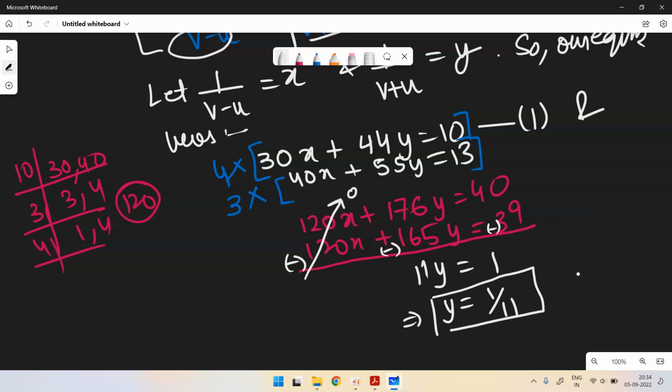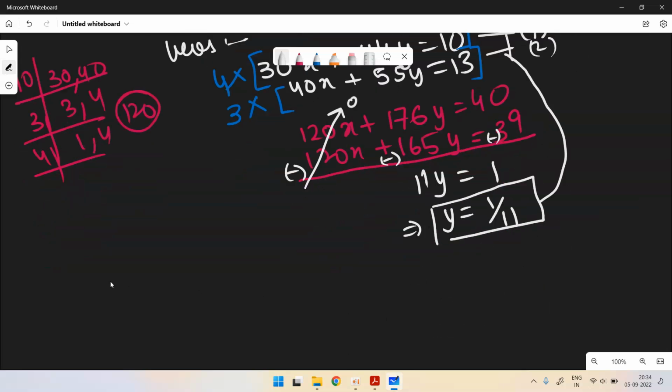If you substitute y equal to 1 by 11 in equation number 1, we get 30x plus 44 into 1 by 11 equal to 10.